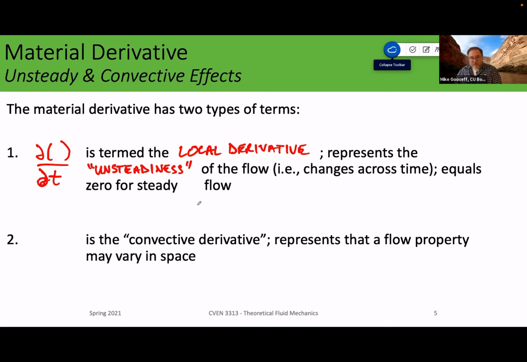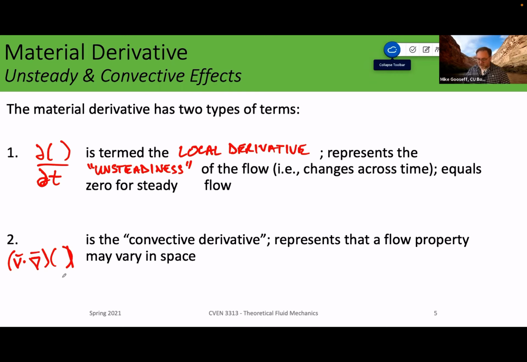The second part on the right-hand side that we explored on the previous slide was this velocity vector multiplied by the gradient vector of whatever characteristic we care about. And this is what we call the convective derivative. It represents that any flow property may vary in space.